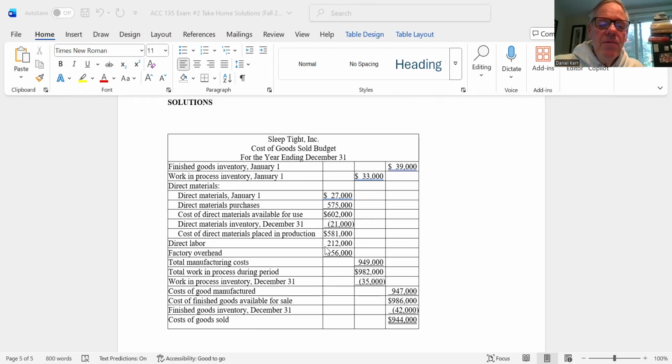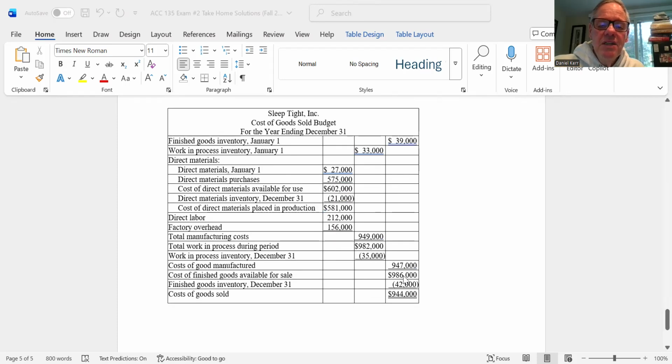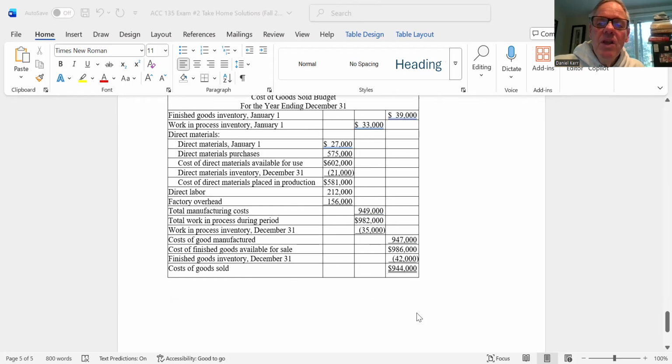Add to that direct labor, add to that factory overhead, and that gives you my total manufacturing costs. So here's my beginning work in process, here's my total manufacturing costs. That gives me the total work in process during the period. Subtract out of that the ending work in process, and that is the cost of goods manufactured. Okay, so that's it. I hope you found that little review useful.